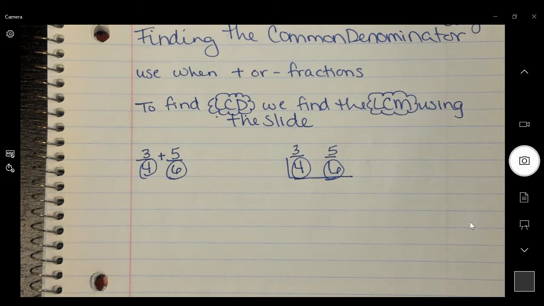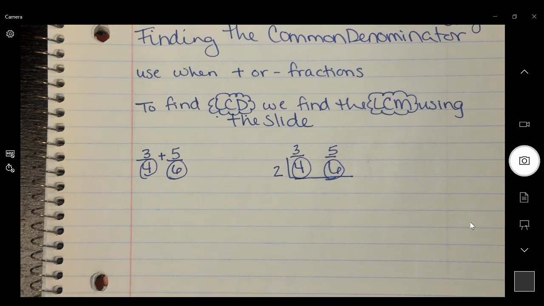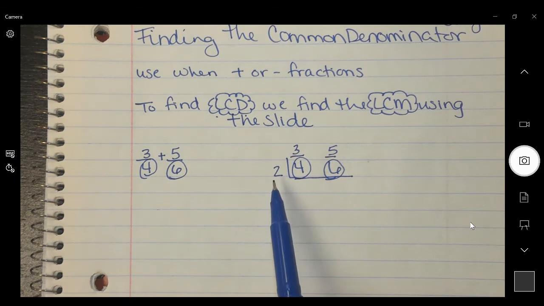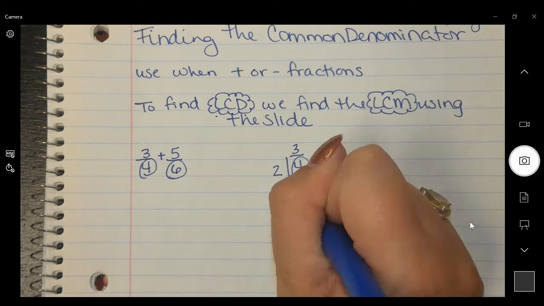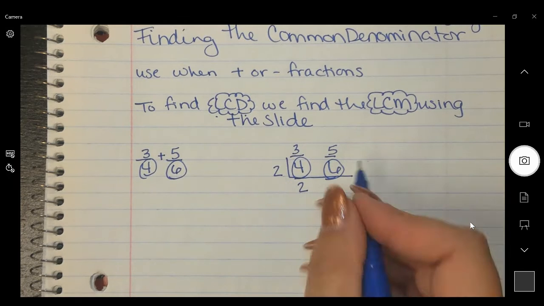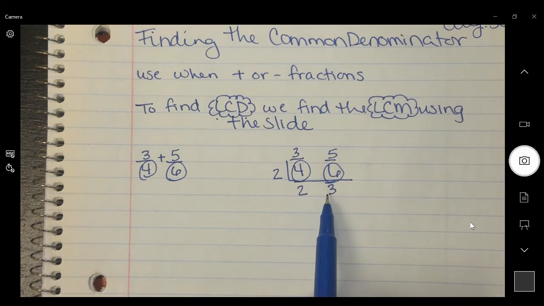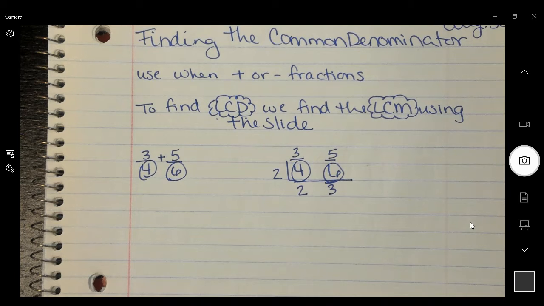Because they're both even. So I can put 2 on the side right here. 4 divided by 2 is 2. 6 divided by 2 is 3. 2 and 3 are side by side on the number line, so there's nothing else that can be divided evenly between 2 and 3.